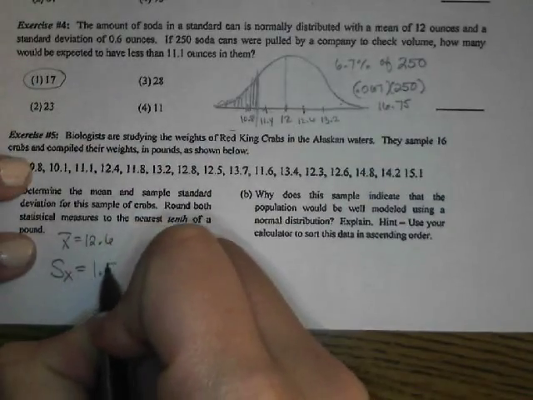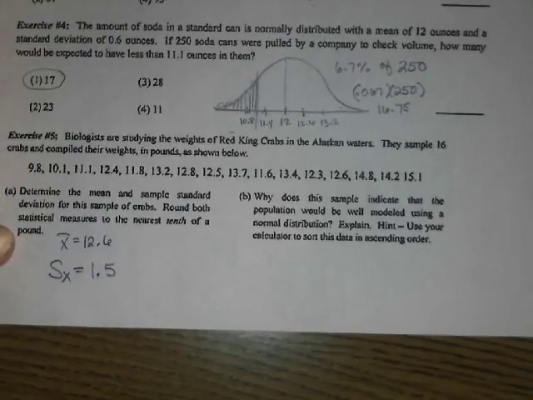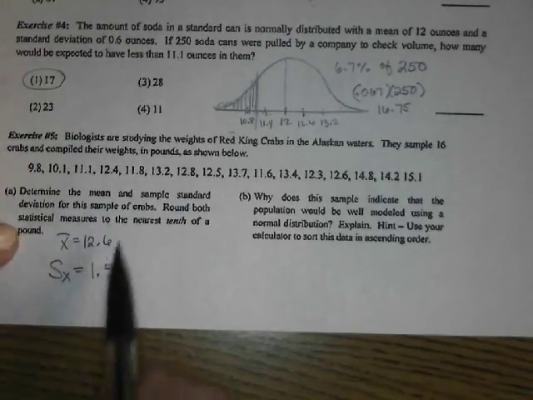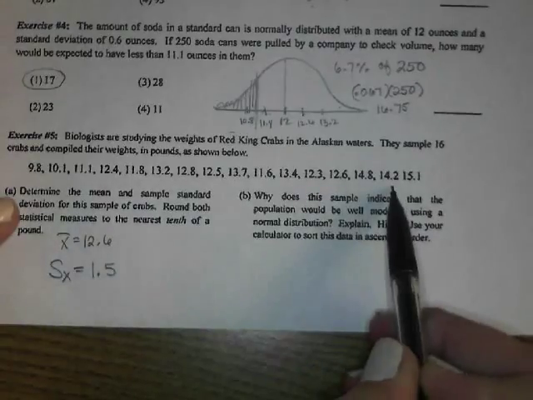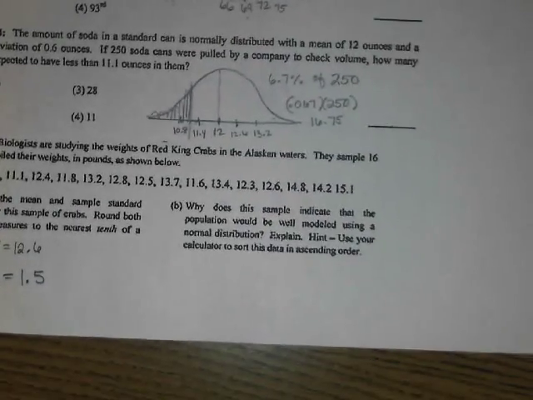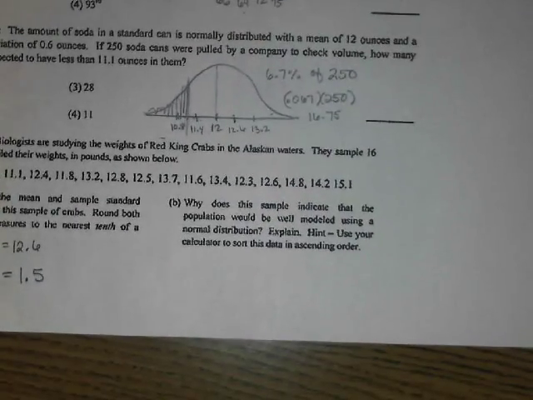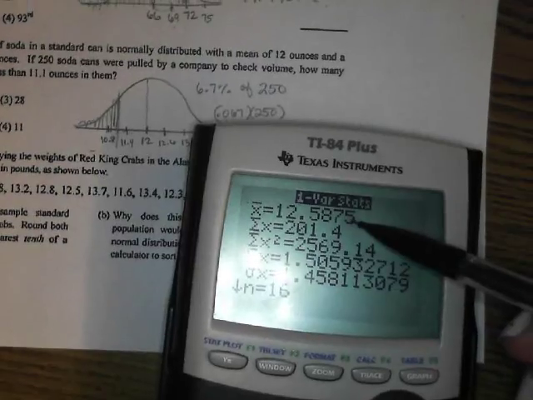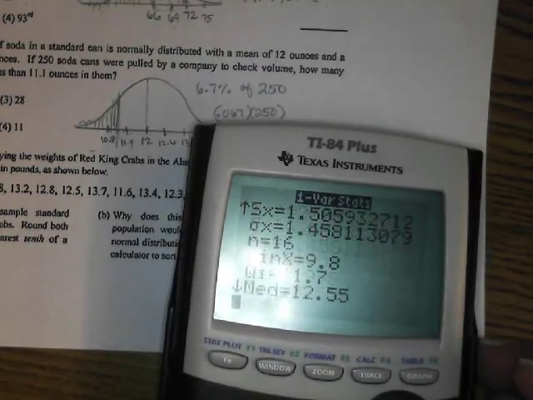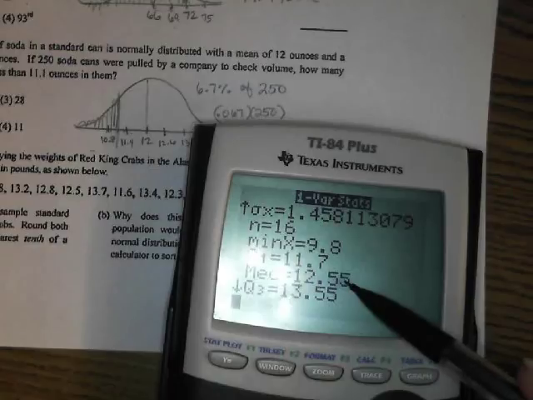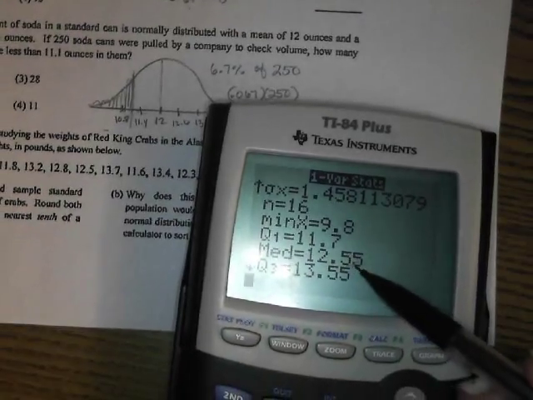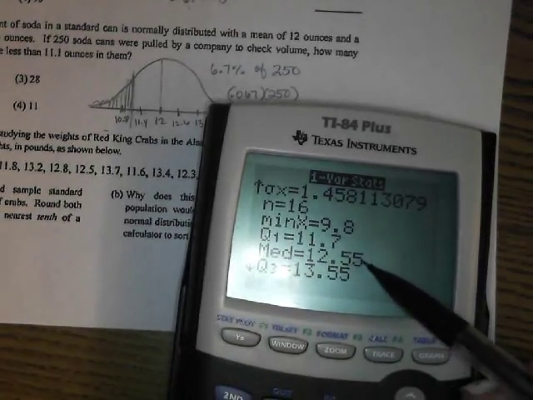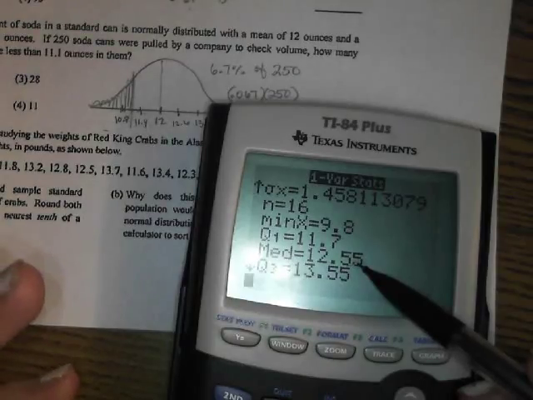Okay, now that's the actual standard deviation of the sample numbers that we chose. Why does this sample indicate that the population would be well modeled using a normal distribution? Here's how. Look at your average, 12.6, and look at your median. If your average is right around the middle, and they both are right around 12.6, that's a good normal distribution.